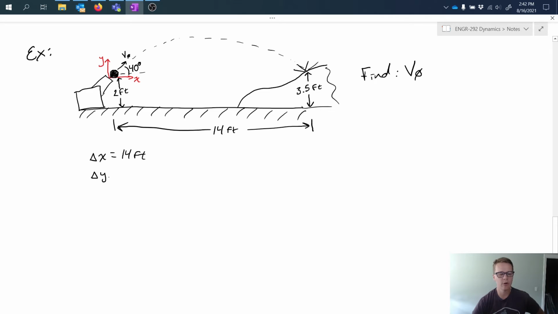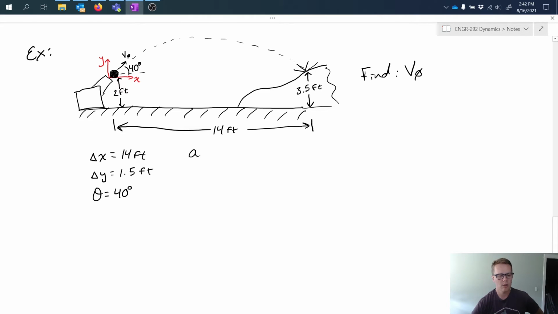Similarly, we know it undergoes some change in position y, and from start to finish, that is a positive 1.5 feet. We know that it has an initial angular orientation of 40 degrees.